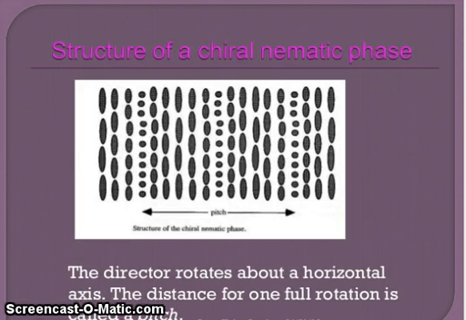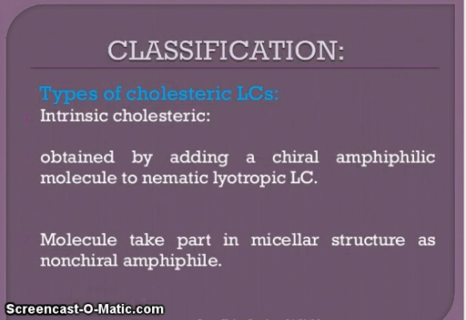So look at the structure of the chiral nematic phase. The director rotates about a horizontal axis. The distance for one full rotation is called a pitch. Now, types of cholesteric liquid crystals. Intrinsic cholesteric is obtained by adding chiral amphiphilic molecules to nematic lyotropic liquid crystals.